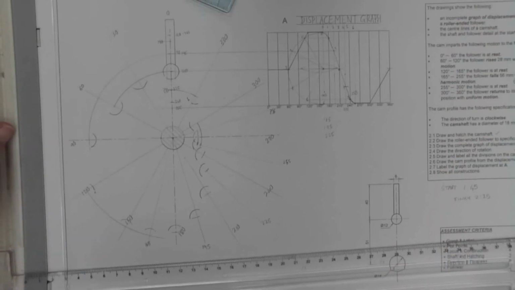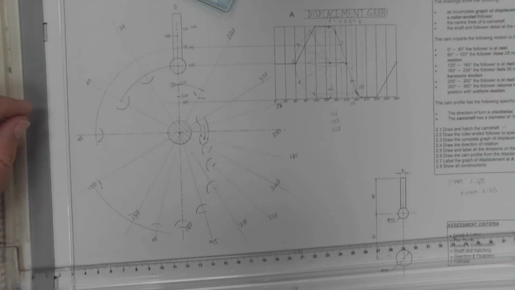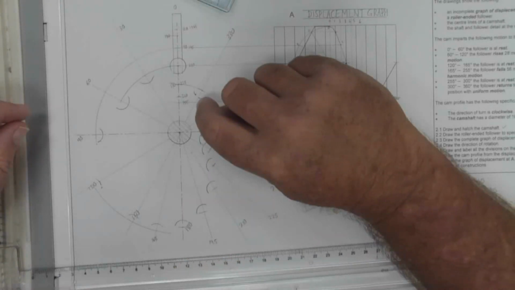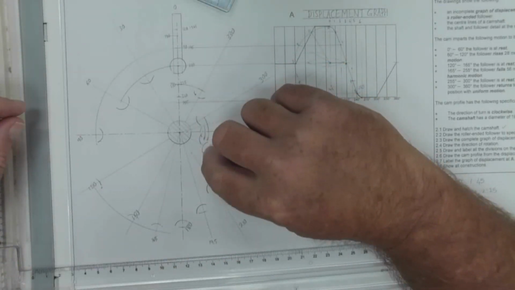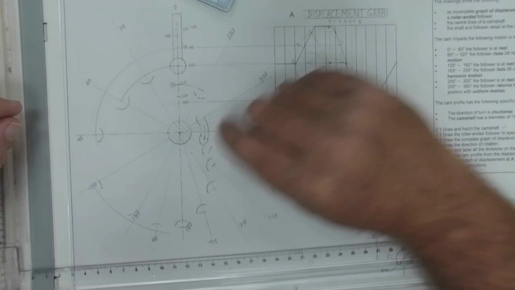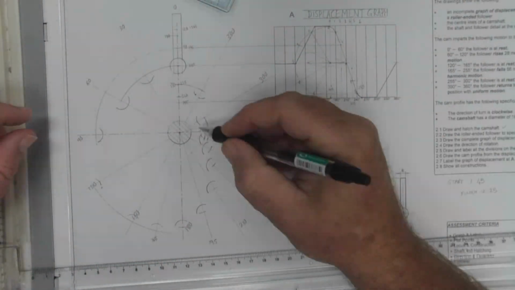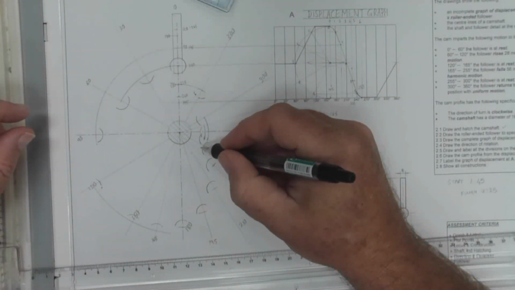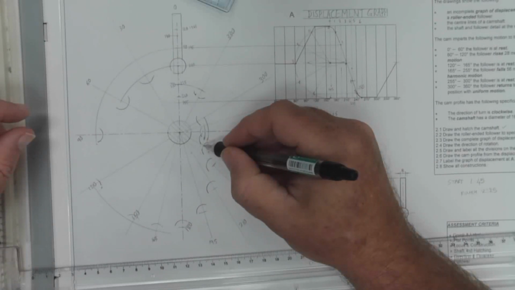Now, when we join this, if you can, use a flexi curve or French curves. And what you're trying to do is find the tangent to this profile. So for example, where this point's going to hit here, it's probably going to be there and not at the intersection of the division.